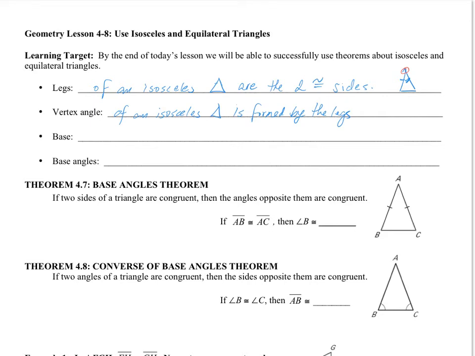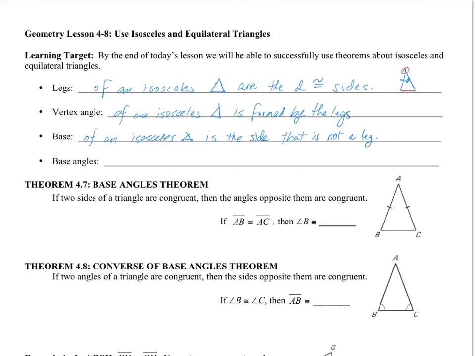And then we have the base of an isosceles triangle. The base of the isosceles triangle is the side that is not a leg. So we're talking about this one.